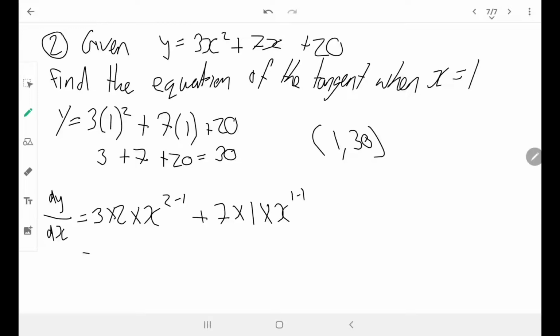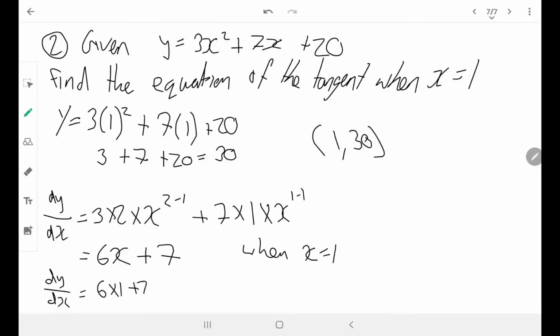So our dy over dx is 6x plus 7. Now, when x equals 1, our gradient, our dy over dx, is 6 times 1 plus 7, which is 6 plus 7, which is 13. So we now have our gradient.